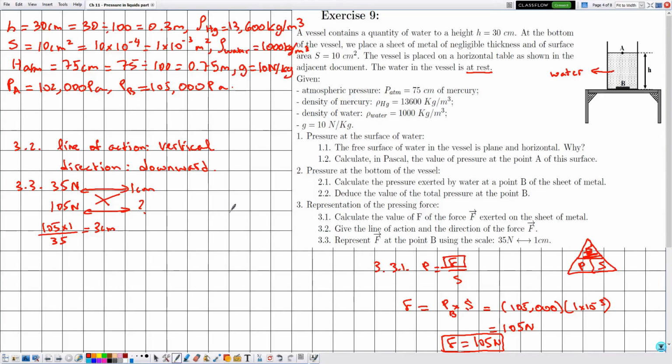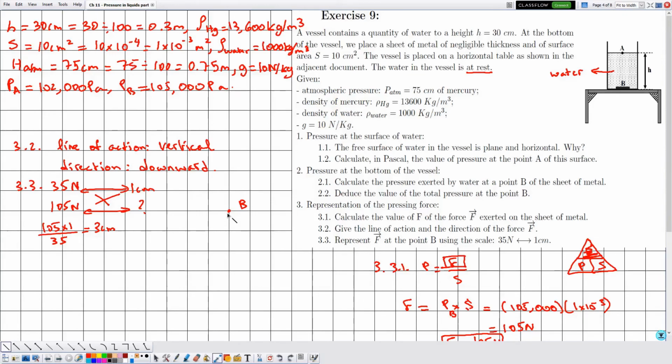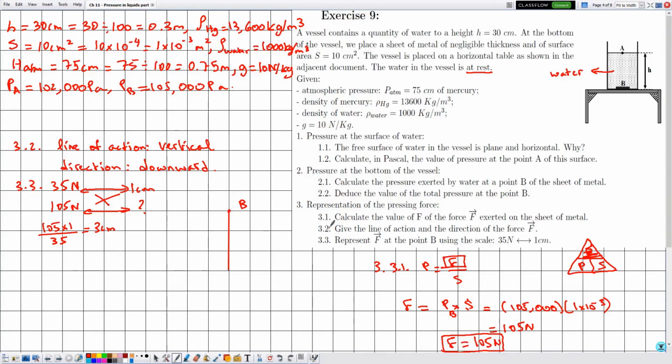So let's consider a point B. Here they are telling me to represent F at the point B. So the force F has a point of application, which is B, acting vertically downward. So the length of this vector is 3 centimeters. According to this scale, it's worth 105 newtons, and the name of this vector is F vector.